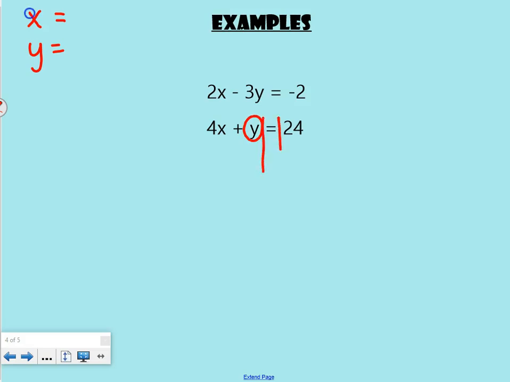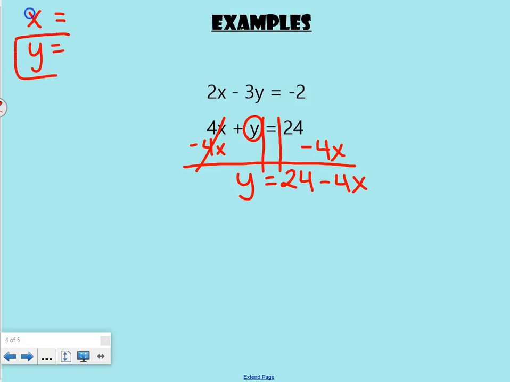So I could make it y equals by subtracting 4x on both sides of the equal sign. That way, this equation becomes y equals 24 minus 4x. Now we have a nice y equals equation that allows us to make a nice substitution, because now whenever I see y, I can put 24 minus 4x.